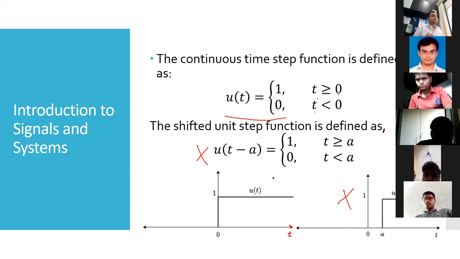Don't worry. But at present, you are not supposed to draw this, although I will explain it. So the continuous time step function is defined as u of t is equal to 1, 0. Understood?